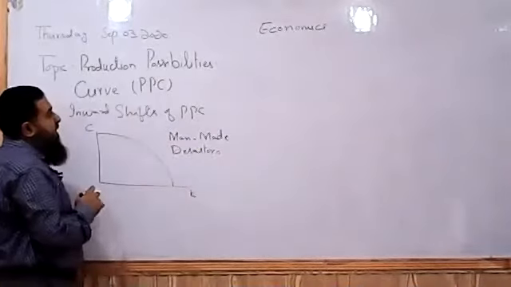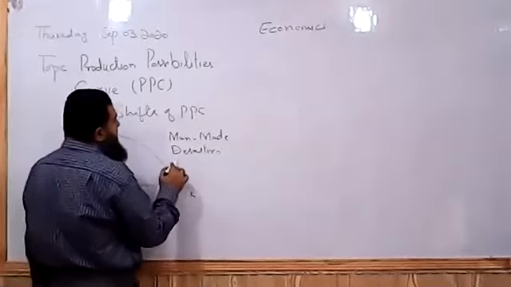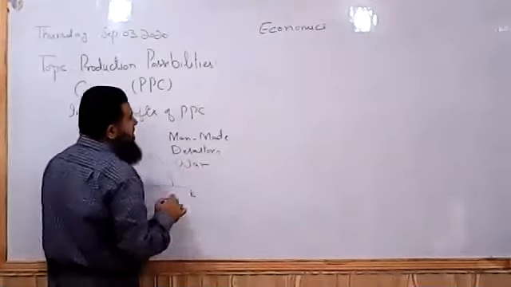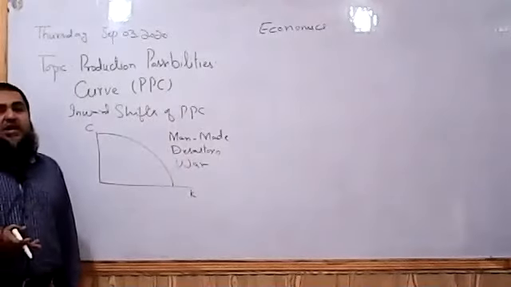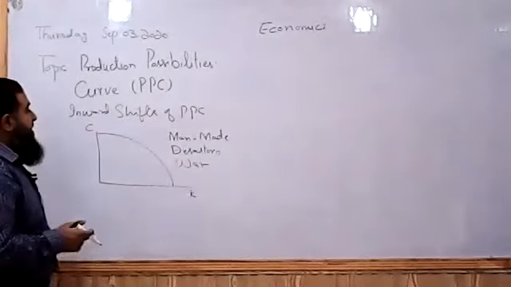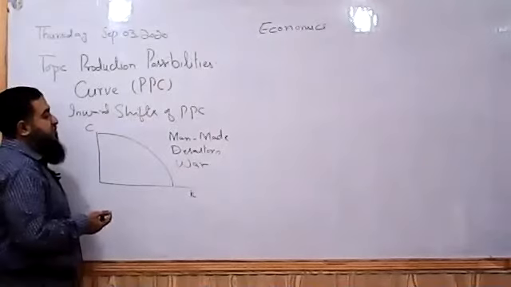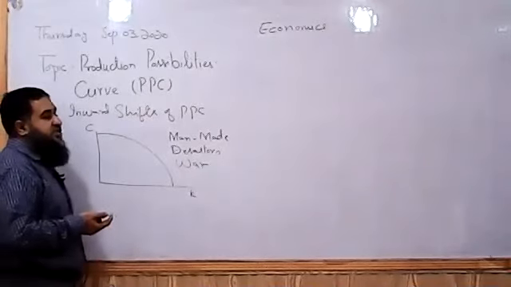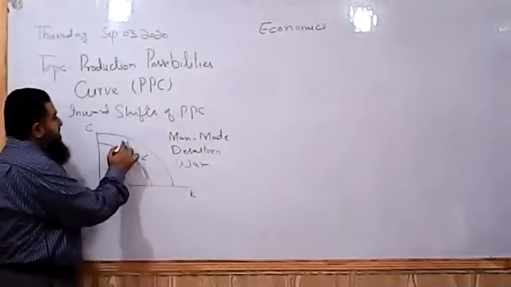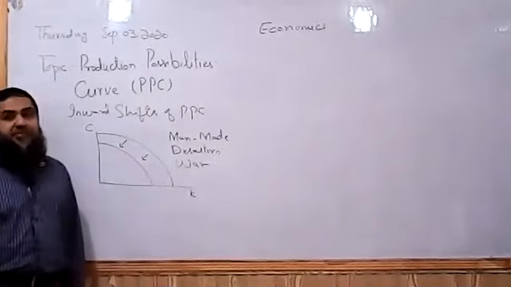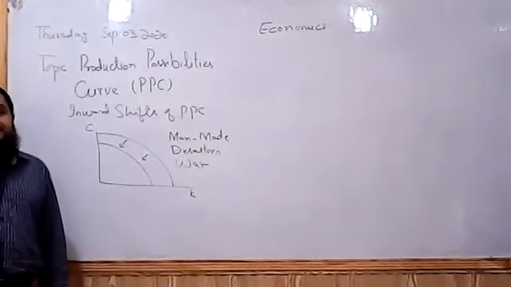When we talk about man-made disasters, there can be a war between two countries. When two countries are fighting with each other, what happens? We will have destruction of resources. Many of the resources will be destroyed. So if resources are destroyed, what happens? PPC will shift inward. Economic growth will decrease.